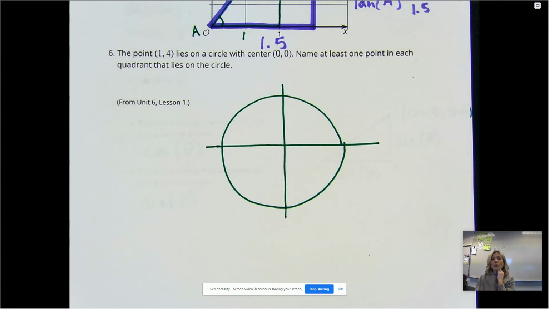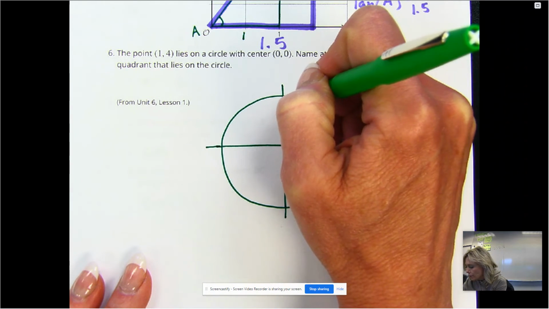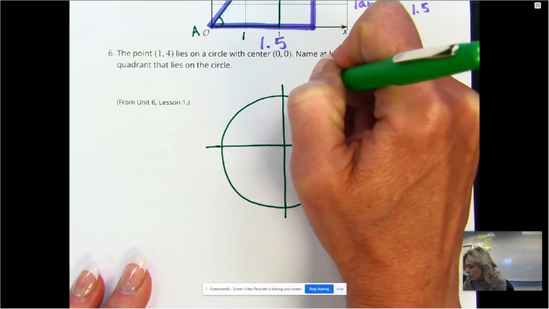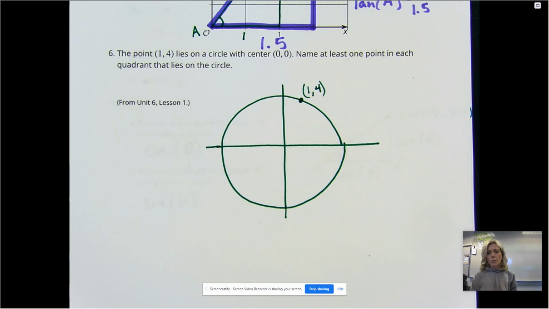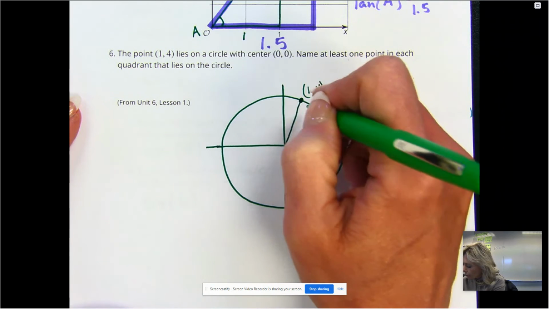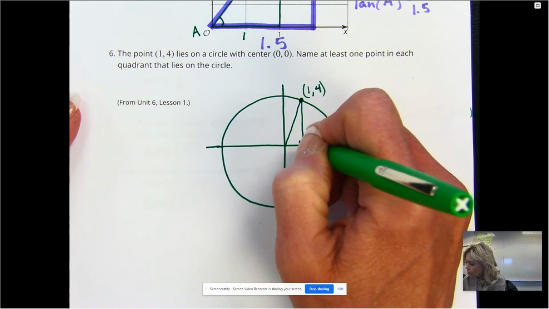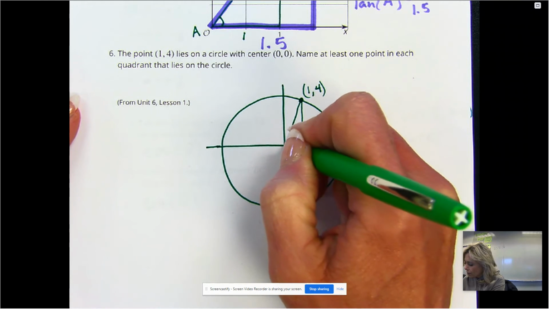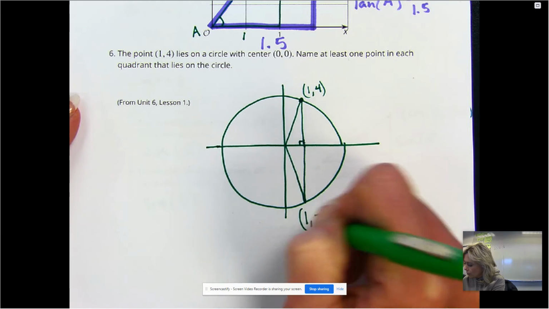All right, so the point (1, 4) lies on the circle. So I'm just going to guesstimate and say it's right here. This is (1, 4), and it's on the circle. And I knew to put it there because 1 and 4 are both positive. And so we've done a lot of this. We need to come up with 4 answers. So if we reflect it over the x-axis, we get (1, -4).